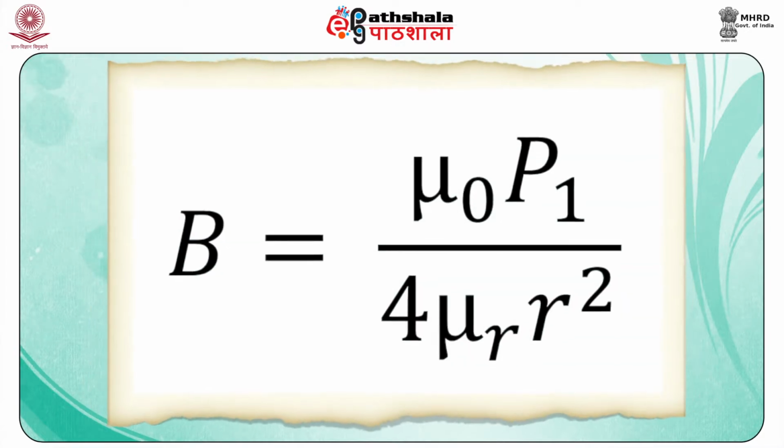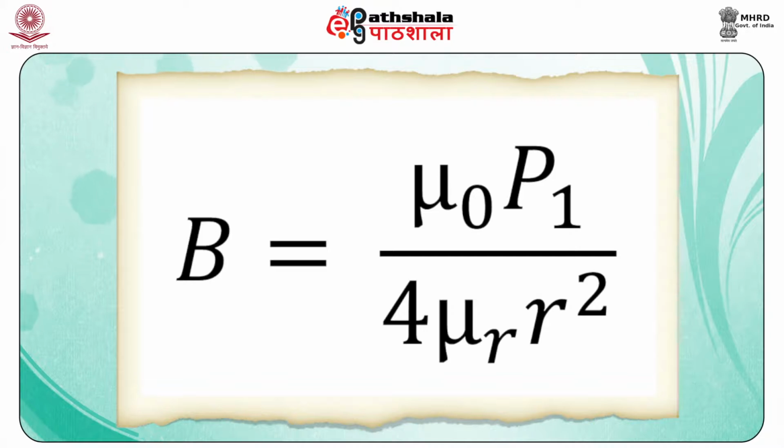The magnetic field B due to the pole strength P1 at a distance r from the pole is defined as the force per unit positive pole at the point. It is expressed as B is equal to mu naught P1 divided by 4 pi mu r square. Magnetic field B is sometimes called magnetic induction.